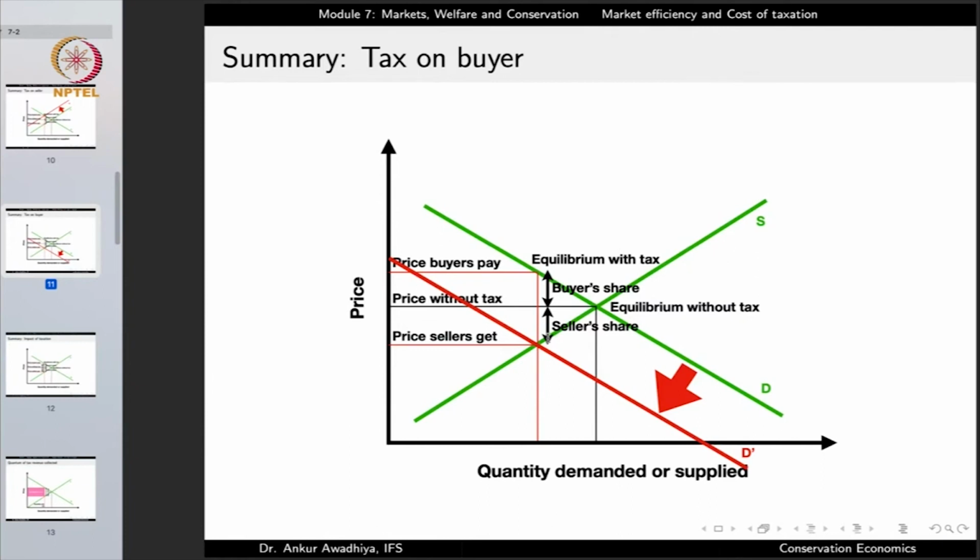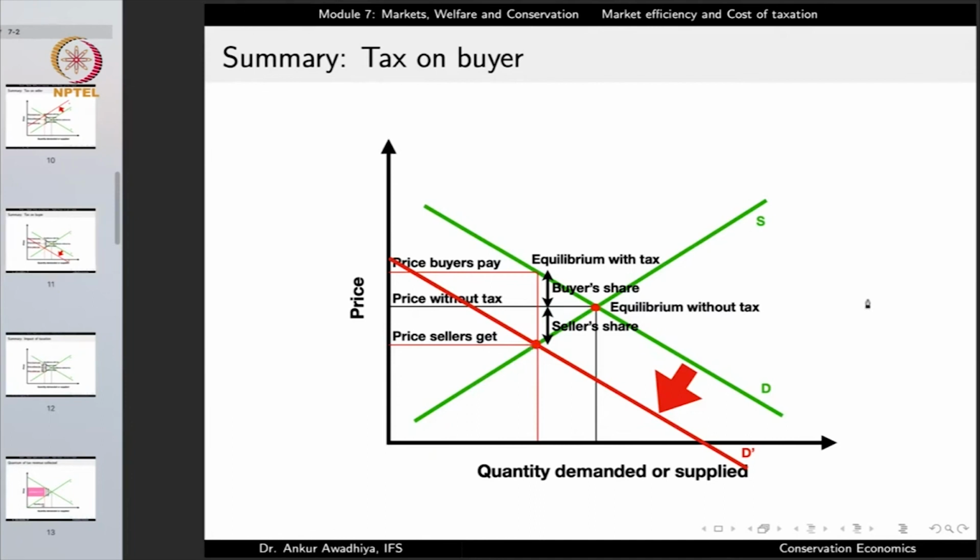Now, in this case, when it shifts, this was the earlier equilibrium without the tax, this is the new equilibrium with the tax. Now, what we are observing is that the price that the sellers get is this much only, where the demand and the supply curves are meeting.